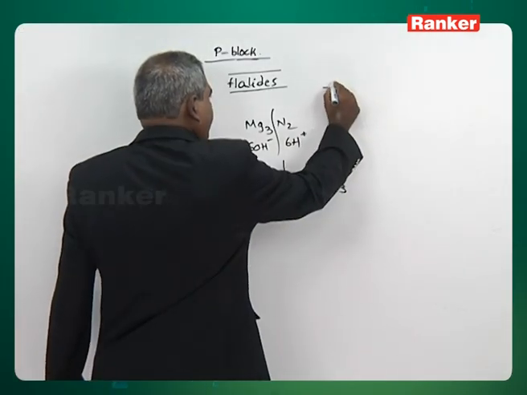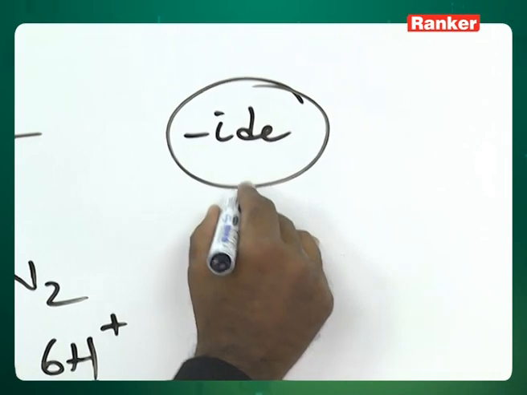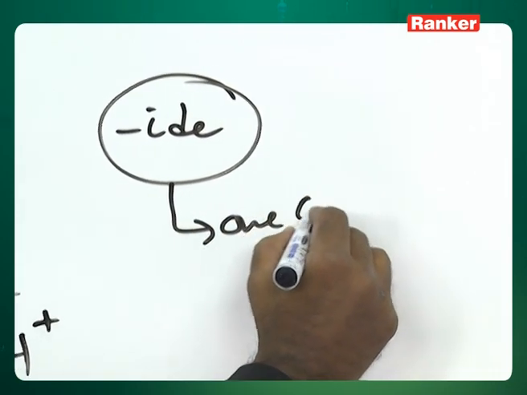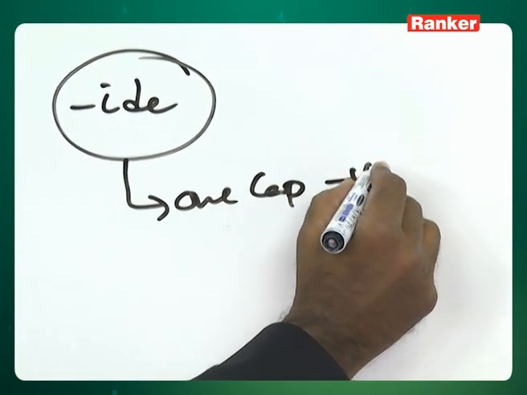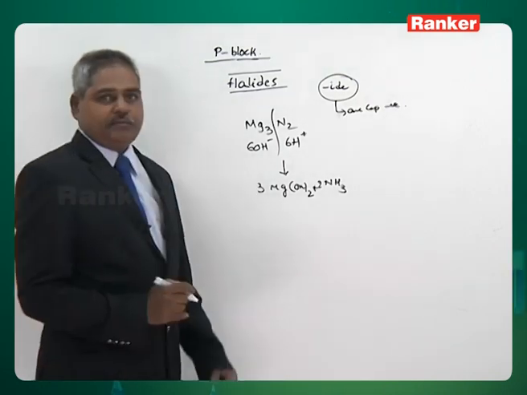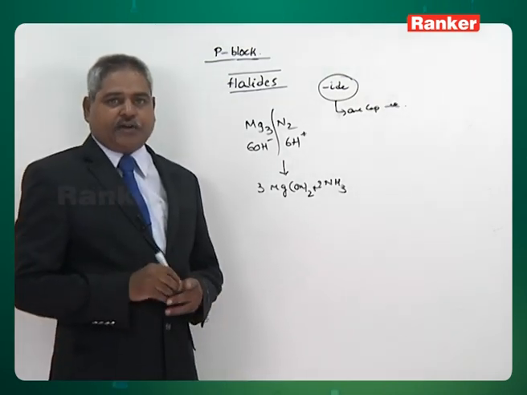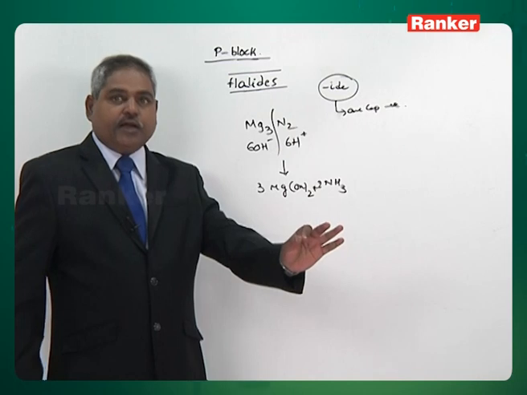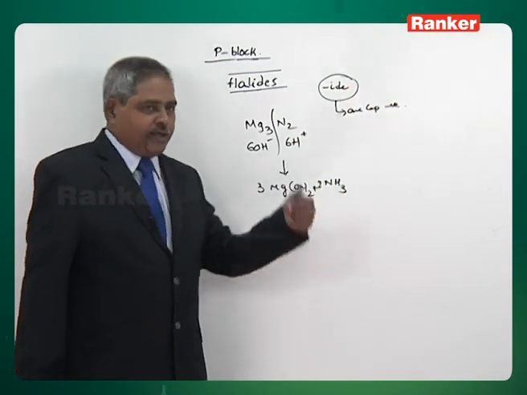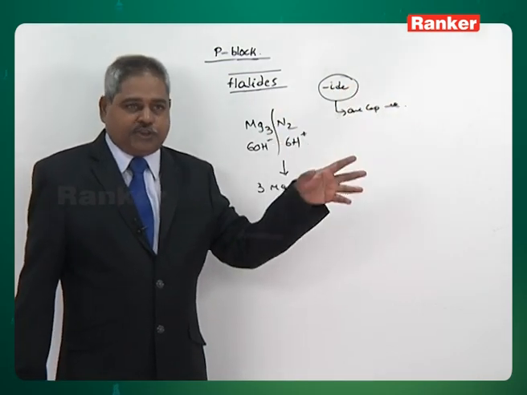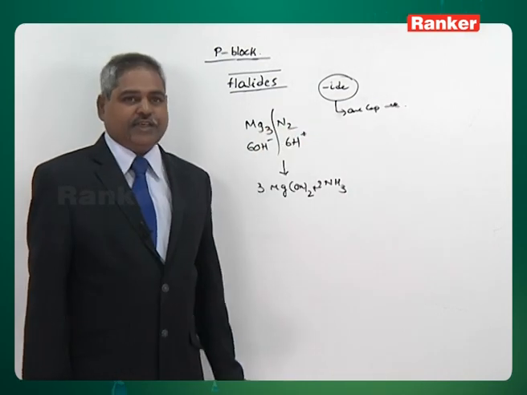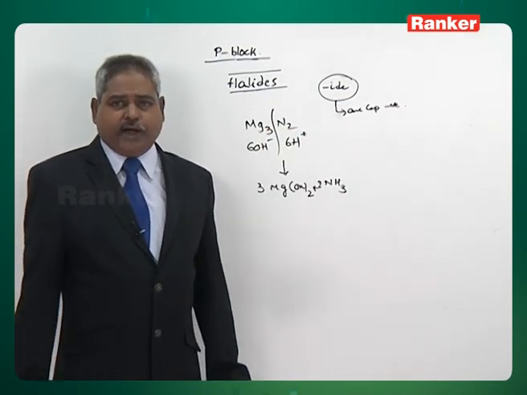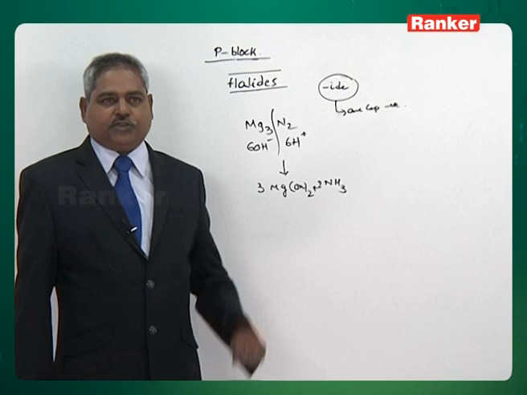Nitride, IDE means, mind you, 1 capital negative. Nitride, nitrogen with some minus, be it minus 1, minus 2, minus 3. In the case of nitrogen, you know it is N3 minus. Carbide, carbon with 4 minus.